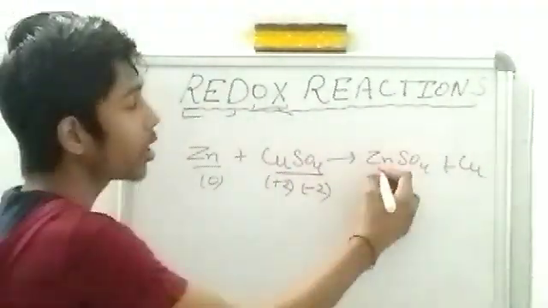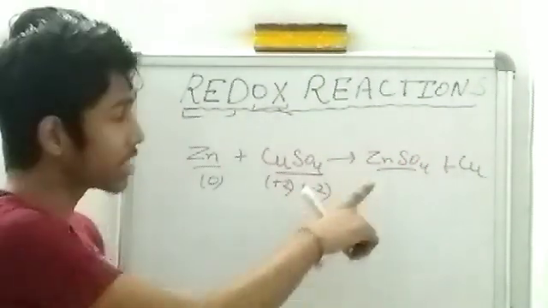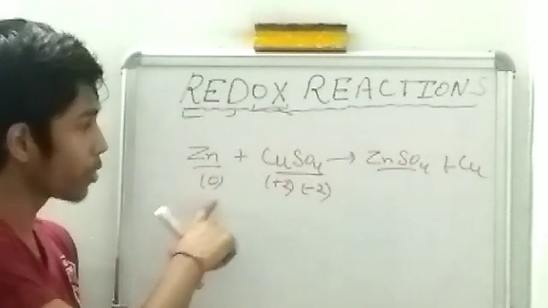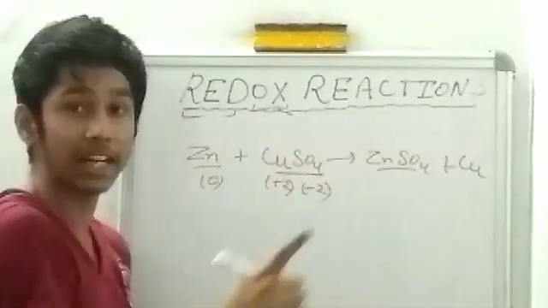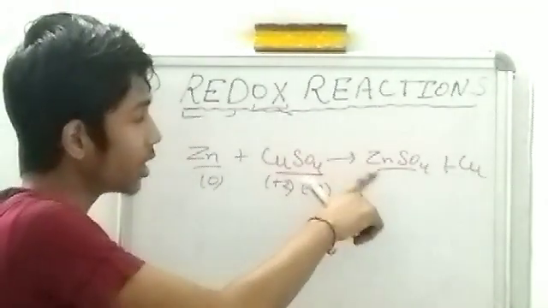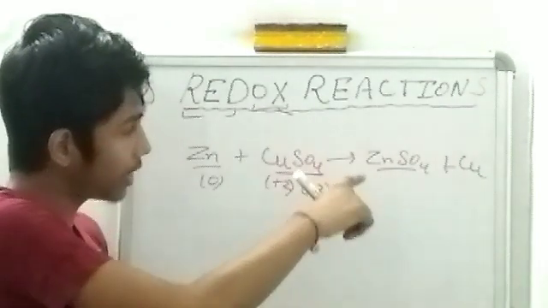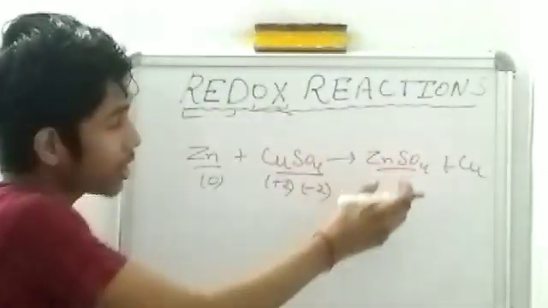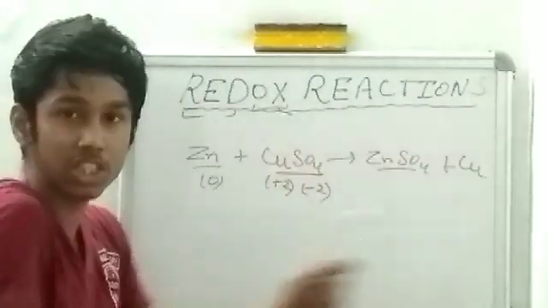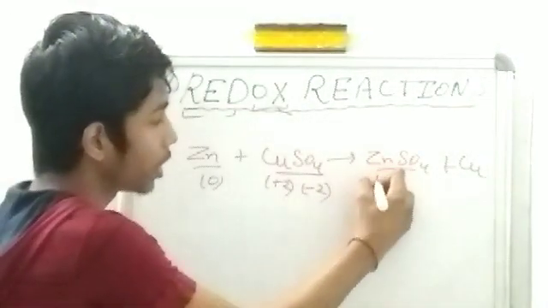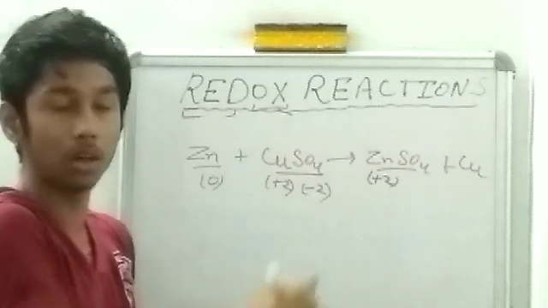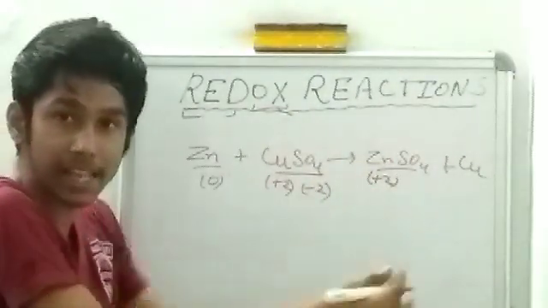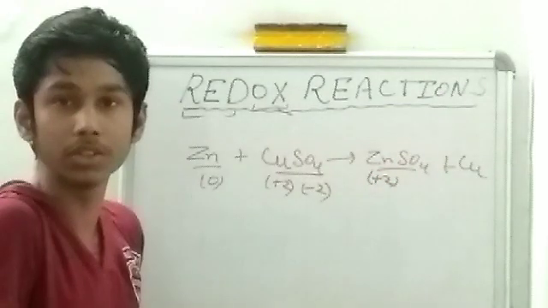Okay. Now here, what is the oxidation number of Zn? Earlier, oxidation number of Zn was 0, but now it will not be 0 because it is now in the relationship with SO4, right? It has now given plus 2 to SO4, and SO4 has accepted 2 electrons from Zn.